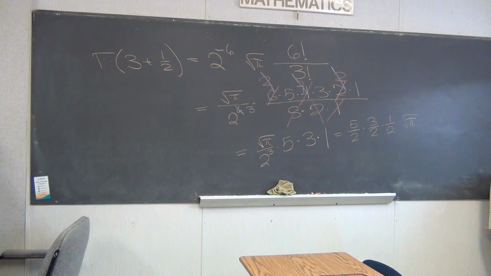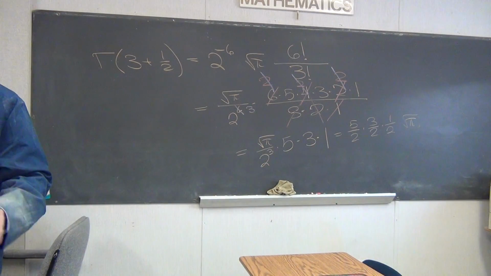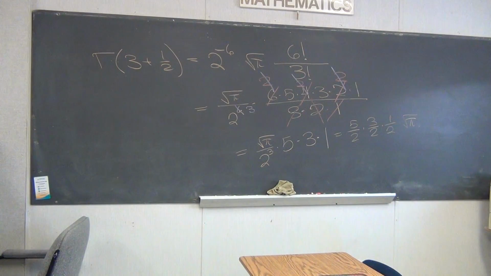Okay? And there is, by the way, another multiplication identity that is valid for other fractions. So it would, for example, give you gamma of 1/3 times gamma of 2/3. Or you can go all the way up. There's a triple identity. I think it goes like this: gamma of n plus 1/3 times gamma of n plus 2/3 times gamma of n, times some weird factors, is associated with gamma of 3n.